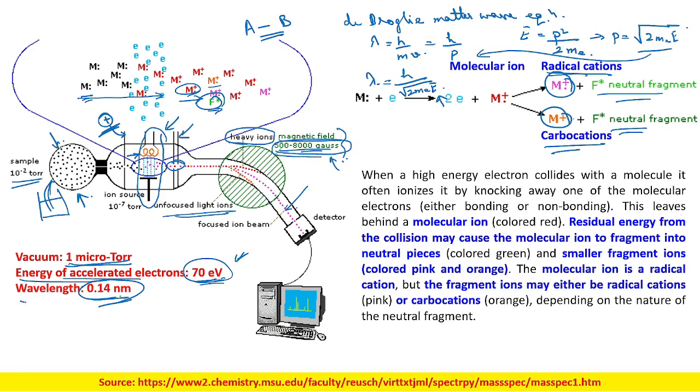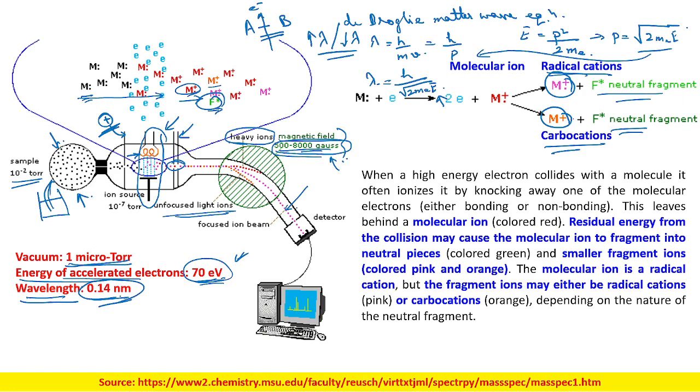So when there is a match between the wavelength of this electron beam and this molecular bond, there is a breakage of the bond. If the wavelength of the electron beam is either increased or decreased, then these electrons will pass through the molecular bonds as they are, and will not induce any breakage or fragmentation.